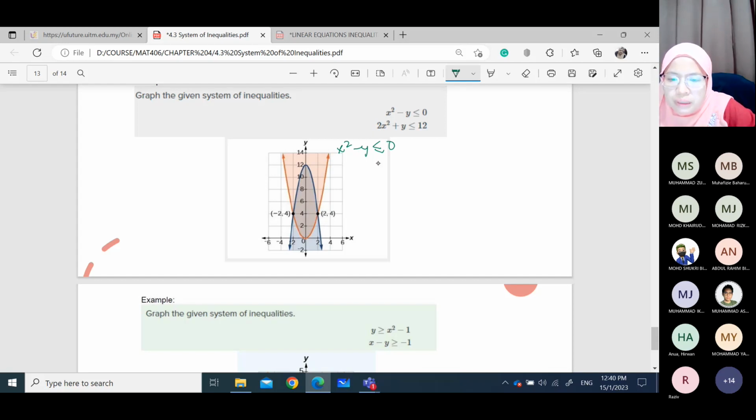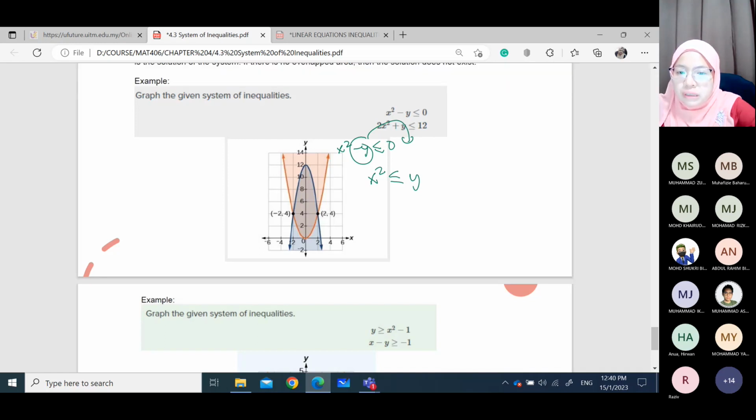So daripada inequalities yang ini, kita move y to the other side. Then here we have x squared less than or equal to y. Okay, so maksudnya y itu sentiasa lebih besar. So y is greater than x squared, which means that the region is above the graph. So ini graph dia yang nampak orange ni.